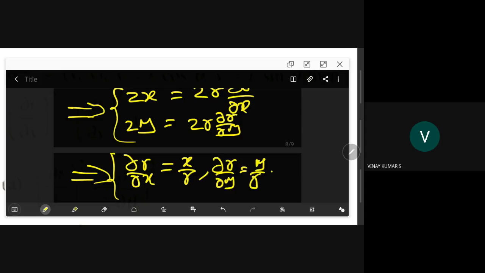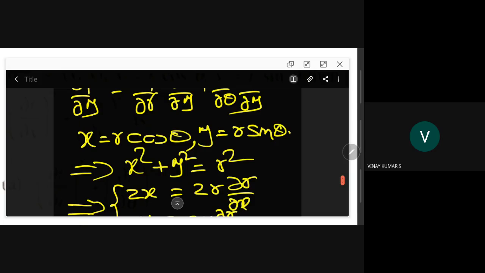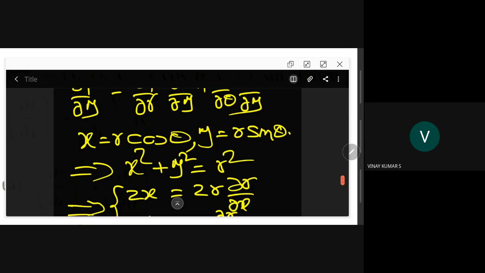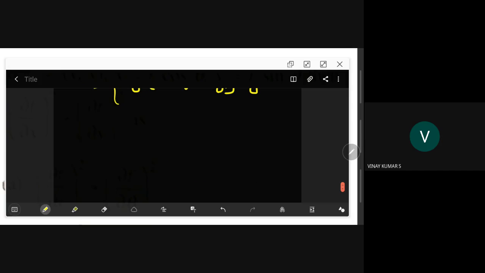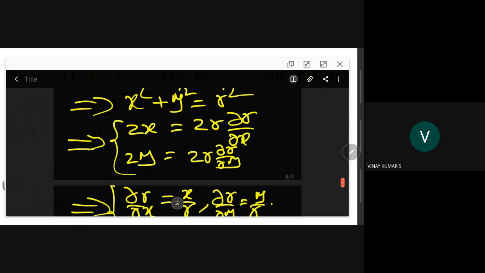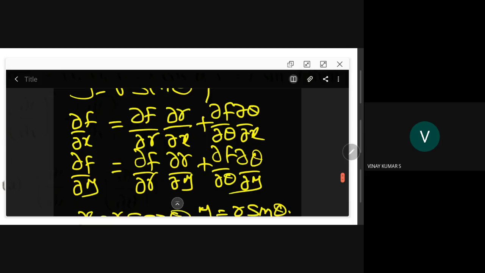This is okay. Now we need to look at the other one, that is theta also. So how can we get it? tan theta is equal to y by x, another relationship. Why do we require this one? Already we got ∂r/∂x, ∂r/∂y. Here we require ∂theta/∂x, ∂theta/∂y, right?